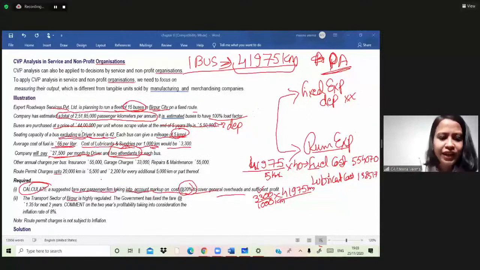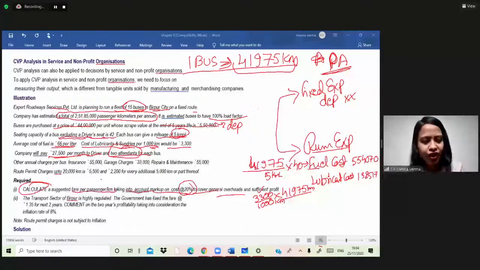See, for this, I want to tell you one thing: for one bus, the cost of the driver and the cost of two attendants is fixed. But for the entire organization, this may vary. If the number of buses increases, this cost will increase, and if they decrease the number of buses, this cost will decrease. So therefore they have taken it at this place.